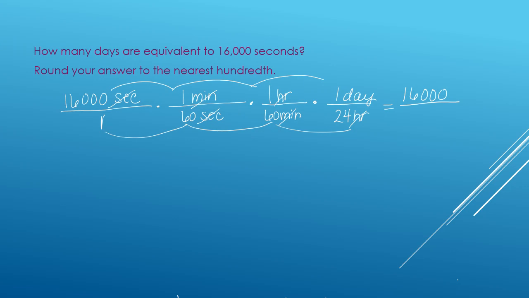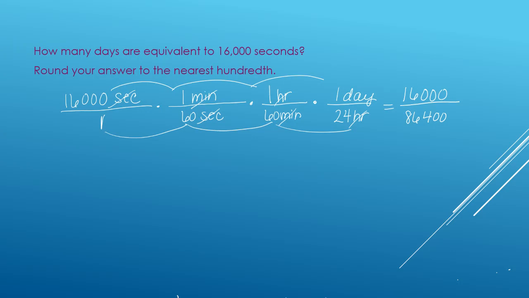And if you have a calculator handy, which is always helpful, you can simply multiply all of those numbers together. So for example, on my calculator, I'm going to multiply 60 times 24. I'm not multiplying by 1 because I know that anything multiplied by 1 is the same number. I get a total of 86,400.